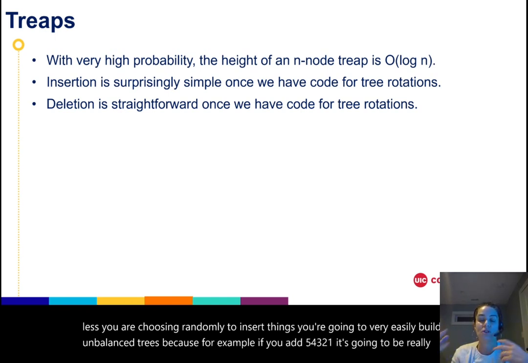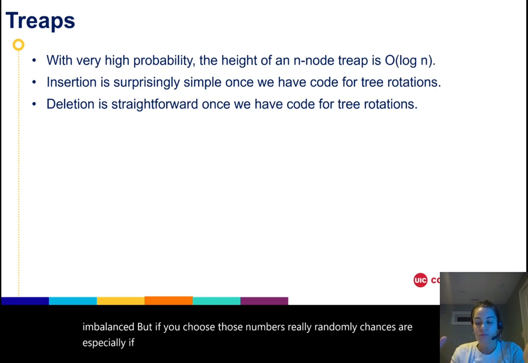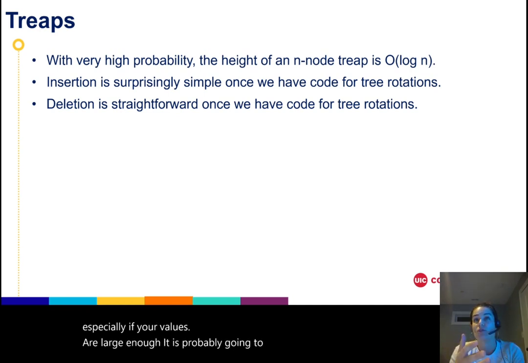But if you choose those numbers really randomly, chances are, especially if your values are large enough, it is probably going to be more balanced than if you try to come up with them yourself.